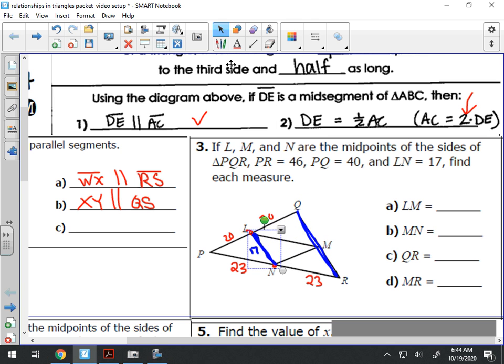So I can do this much. I say this is 17, and now I know this piece is 17. Okay, now look at this part. See this 20 here? With that 20, if I drag it through and keep it parallel, that piece right there, M to N, has to be 20.